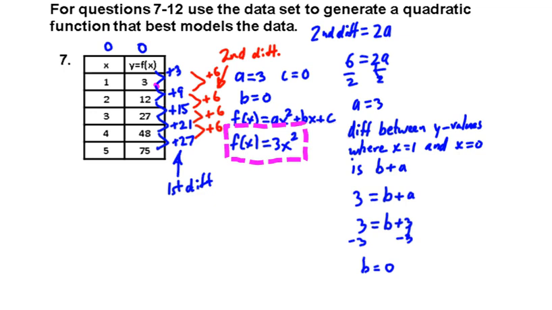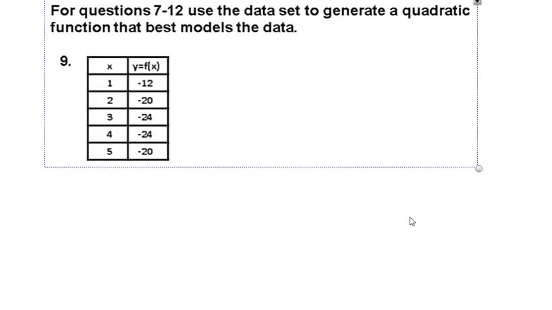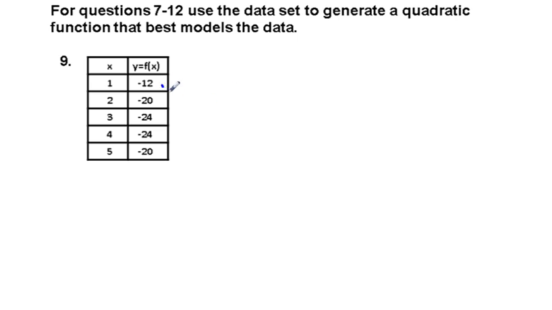Next, we're going to go to problem 9. Okay, same type of strategy. We go to our first differences. We do not have a y-intercept yet, because we don't have where x equals 0.